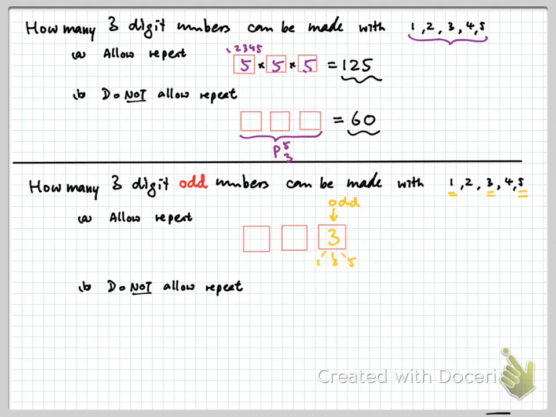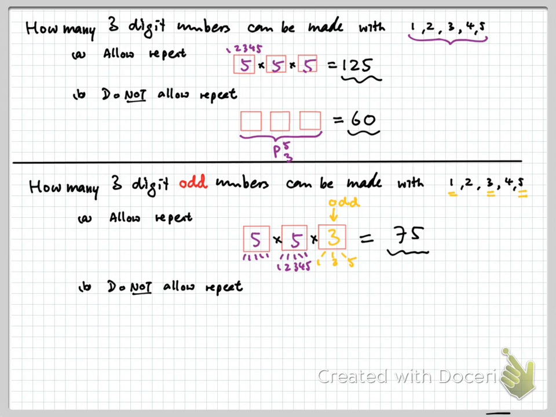However, for the other boxes, you are free to choose any of 1, 2, 3, 4, 5. So altogether, we multiply them and the answer is 75. There are 75 odd 3-digit numbers made with 1, 2, 3, 4, 5 if you allow repeat.